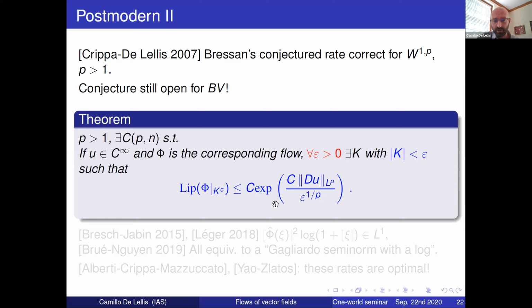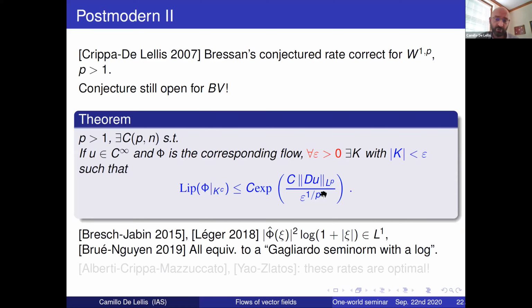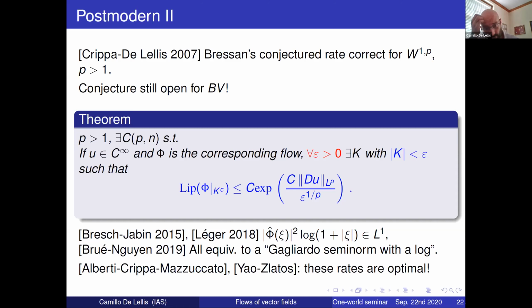It's an exponential, and the epsilon appears at the denominator. So this was formalized later by a few people, and it's a little bit like saying that the flow phi has some Sobolev regularity at the level of a logarithm of a derivative. This was made rigorous in a few ways by Bresch and Jabin in 2015, Léger, and Brué and Nguyen later on. Let me also mention two nice works by Alberti, Crippa, and Mazzucato, and Yao and Zlatos. Even though this estimate is pretty crappy, actually it's essentially optimal.